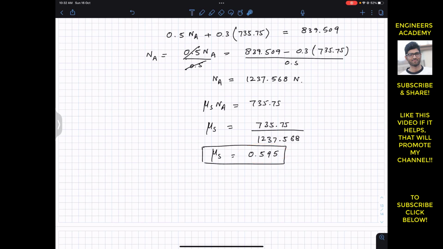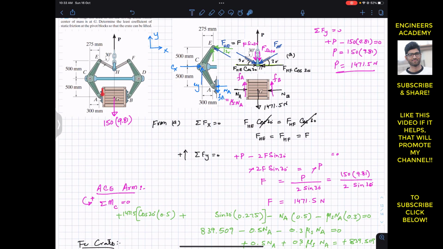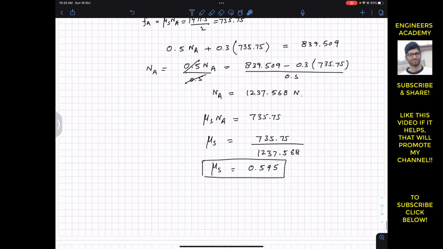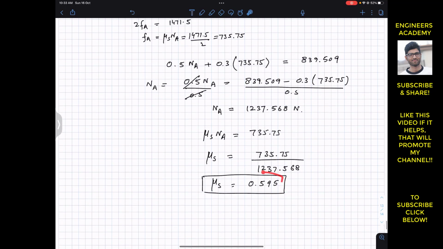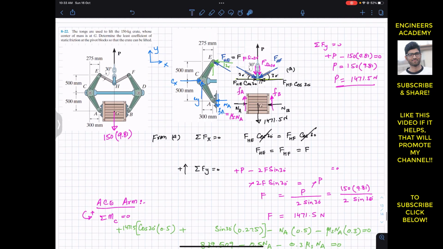So this is the least value which will enable the tongue to lift the crate safely. So we need to have such a material here at point A that should at least provide the coefficient of static friction equal to 0.595. Otherwise, a coefficient of static friction less than this will not work for us. So this is the solution of this particular problem.